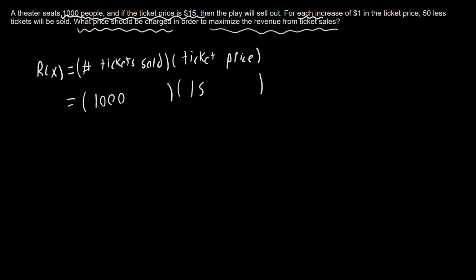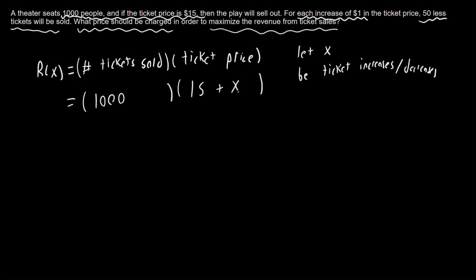Some other information it gave us is each increase of $1 in the ticket price, 50 less tickets will be sold. So let X be ticket increases/decreases. So if we raise the price by $1, the ticket price is going to be 16.